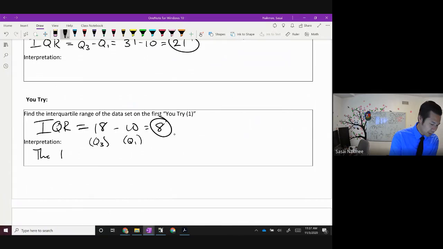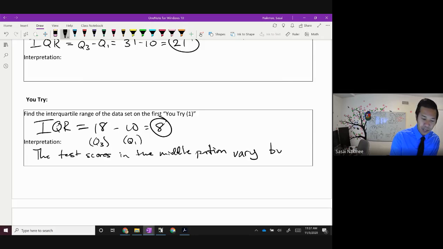The test scores in the middle portion of the data set vary by at most 8 points.